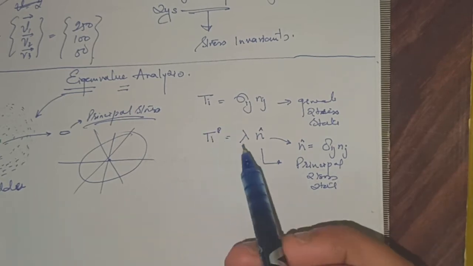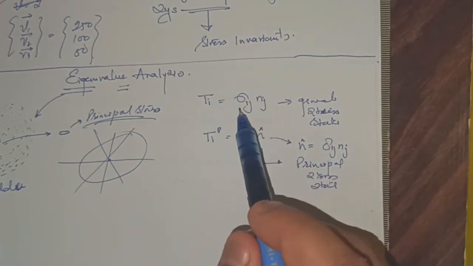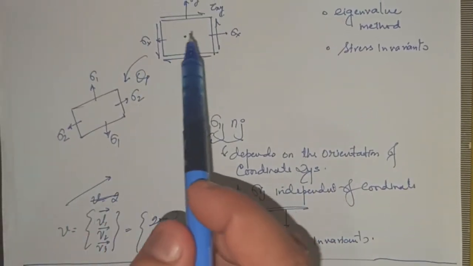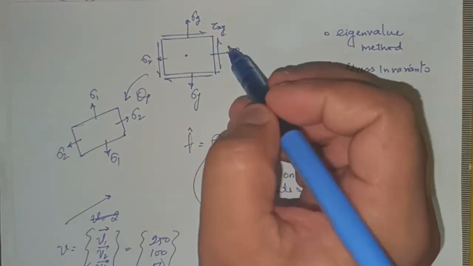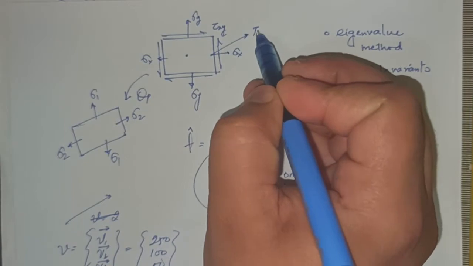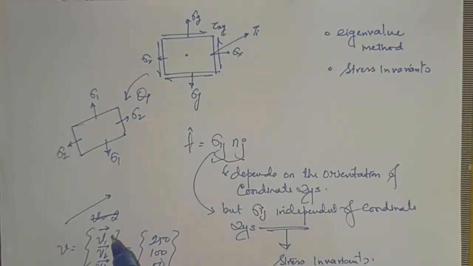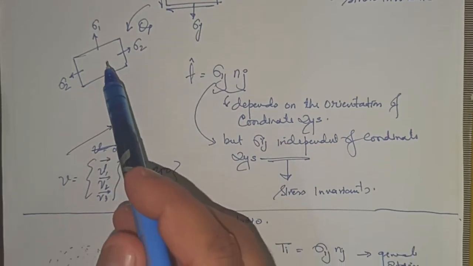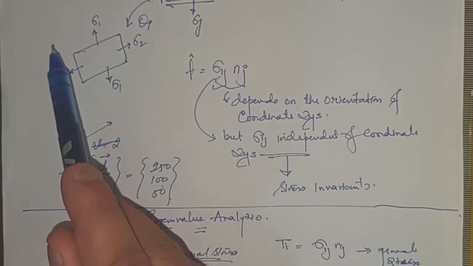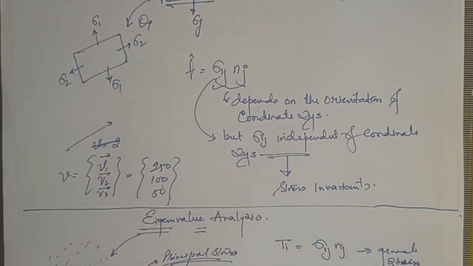So you have two stress states: a general stress state, where the stress vector Ti acts on a general state of stress, and then a principal stress state.